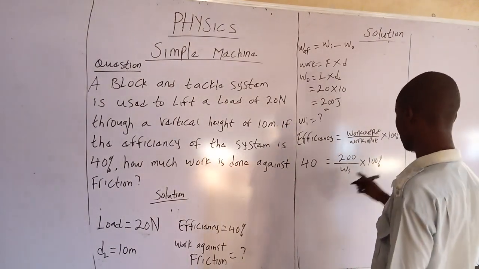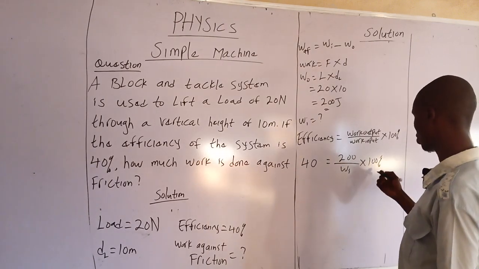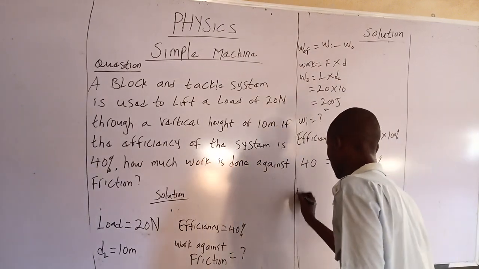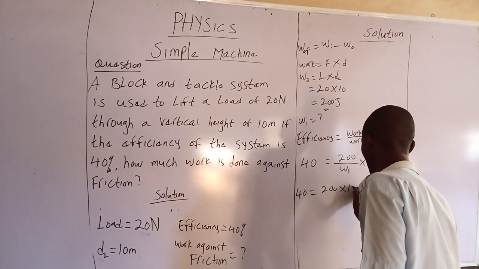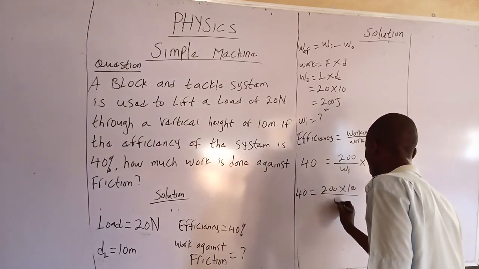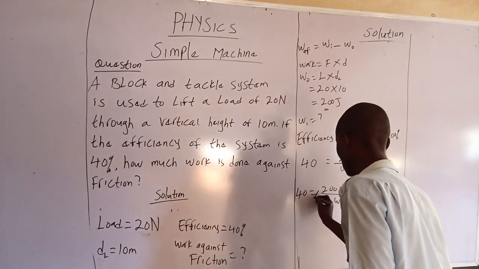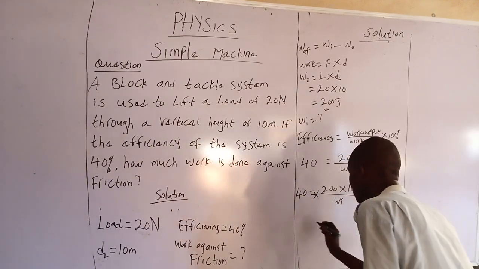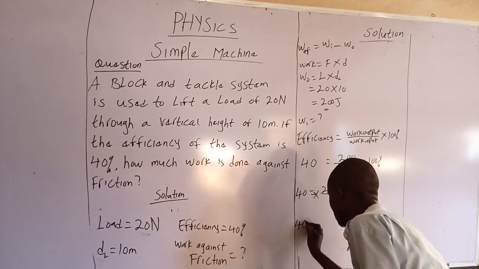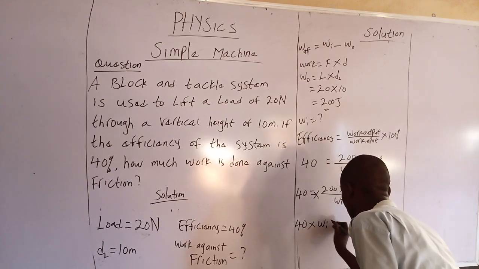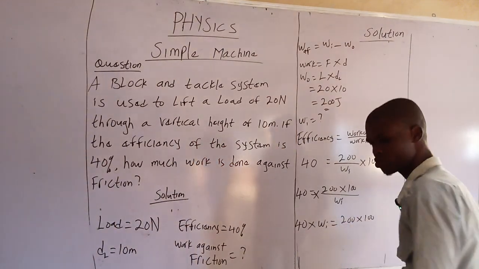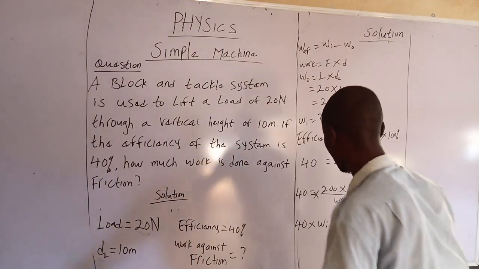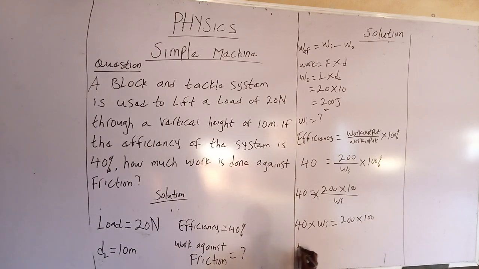So I can say 40 equals 200 times 100 all over work input. Cross multiplying, I have 40 times work input equals 200 times 100, which is 20,000.